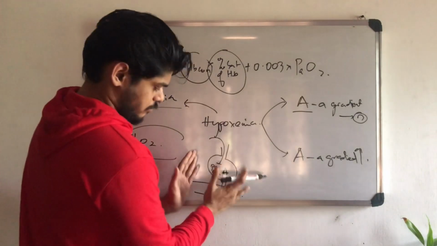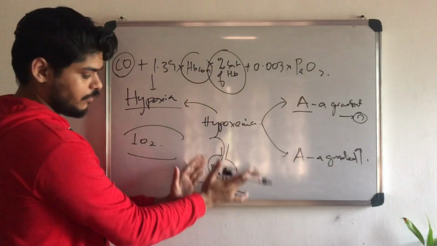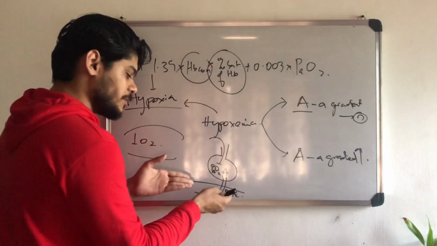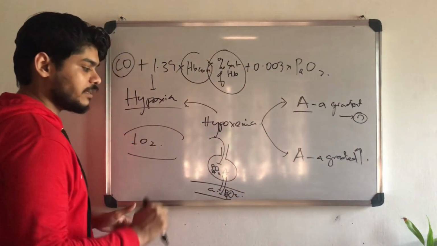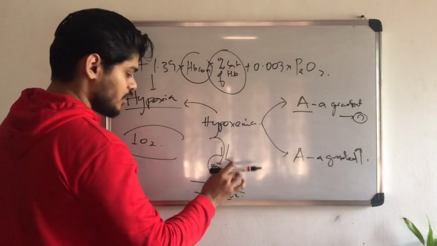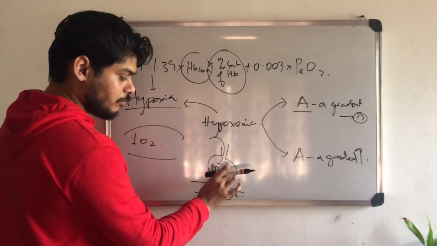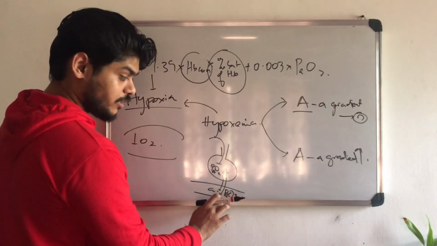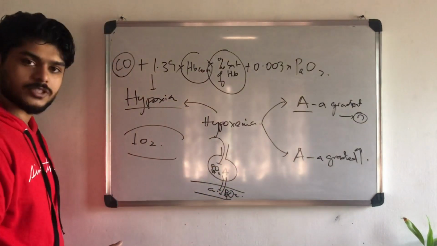Mostly 100% of diffusion should happen, but because of mixing with the shunting blood, the partial pressure of oxygen is reduced here. But if it is very much reduced, if there is a big difference between the partial pressure of oxygen in the alveoli and in the artery, that means something is wrong with the diffusion.